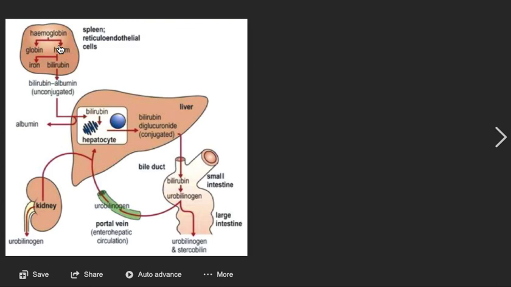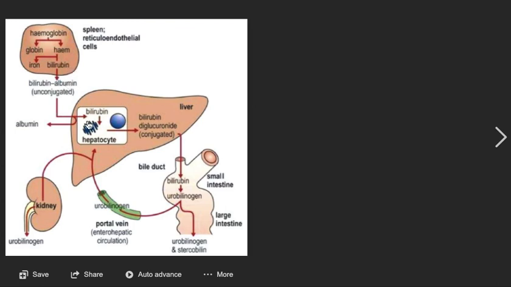So in case of hemolysis, more and more bilirubin will be formed. I think that makes sense, right? When more bilirubin is formed, more unconjugated bilirubin will be there. Remember, the unconjugated bilirubin, which is water insoluble, is bound with albumin. And of course, albumin is limited, so whatever is extra is going to circulate in the blood.